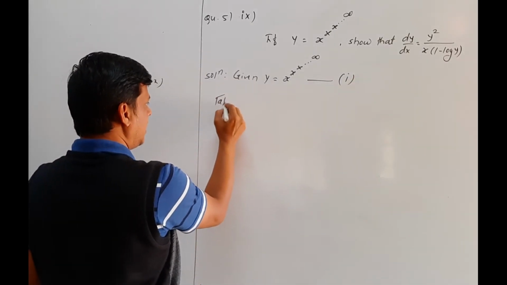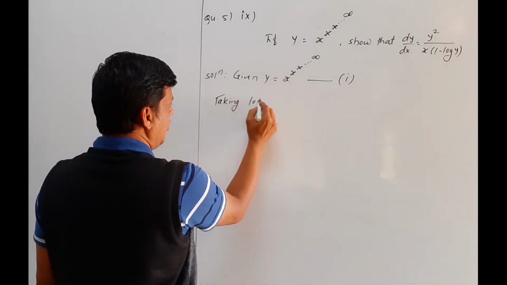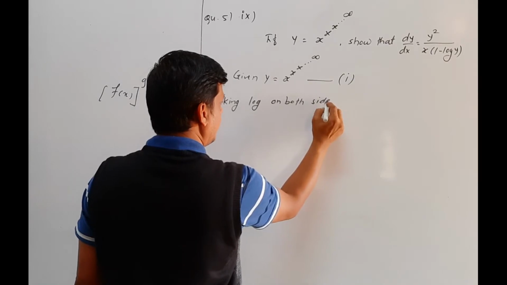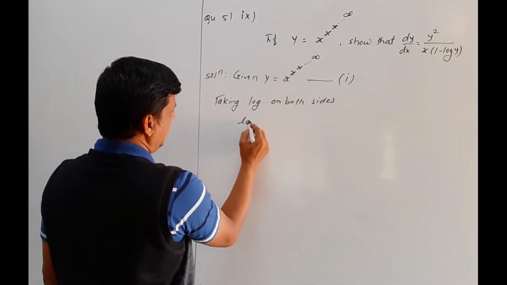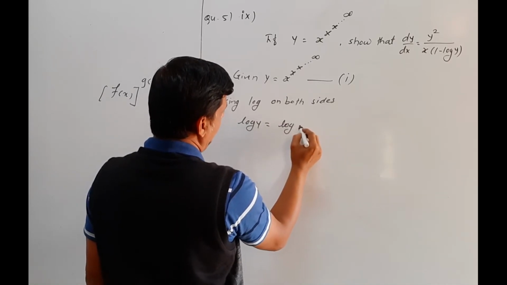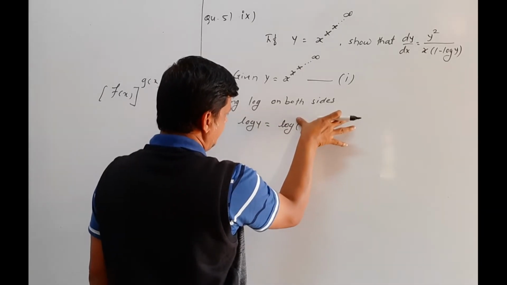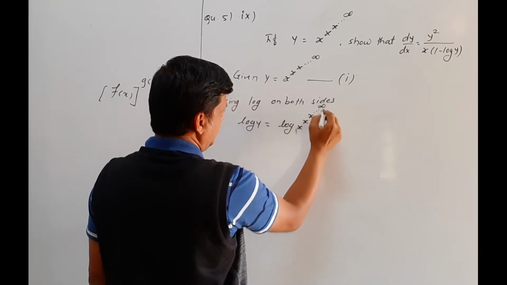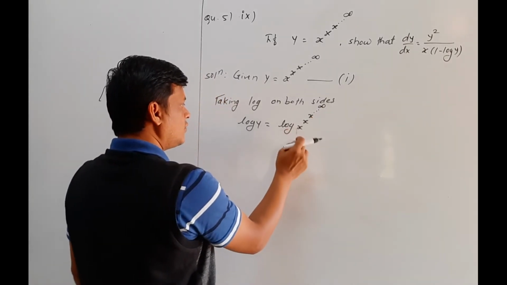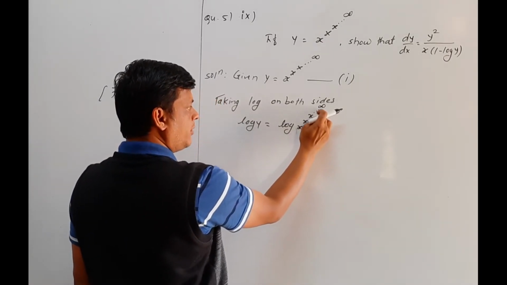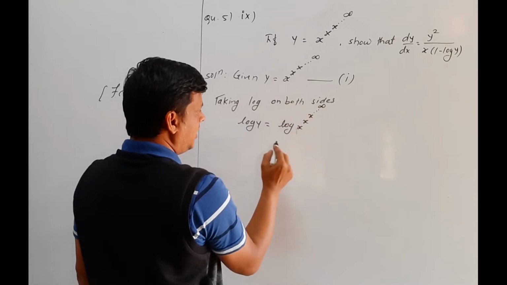So write here, taking log on both sides. In the left hand side we write log y is equal to log of x raised to the power x raised to the power x raised to the power infinity. So we write this power, x raised to the power x raised to the power so on up to infinity, in multiplication.